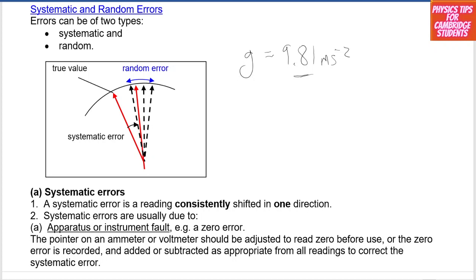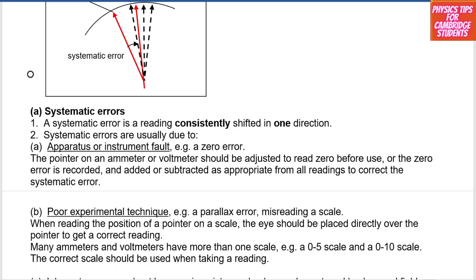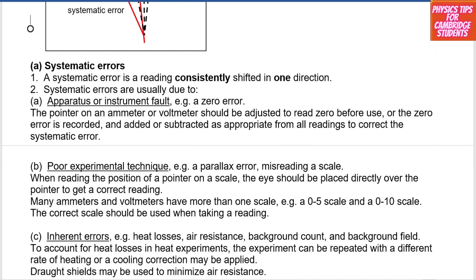Examples of systematic errors are zero errors. That's the most common example of systematic error. So for example, if we have a voltmeter or an ammeter, the voltmeter and ammeter should be adjusted to read 0 before use.